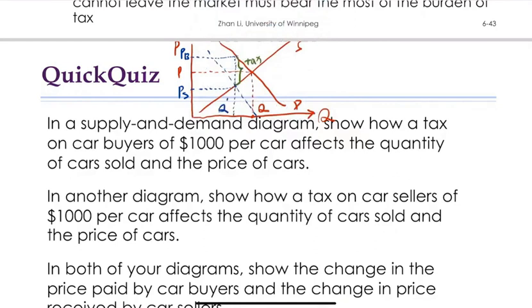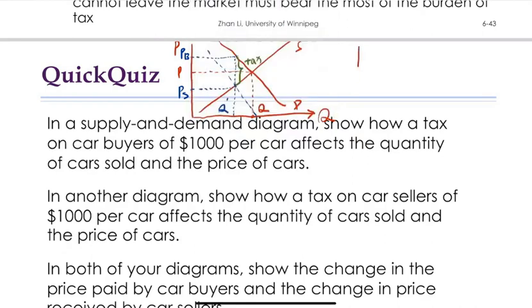So basically, equilibrium quantity decreases, and we could see that the price received by sellers decreases and the price paid by buyers increases. And again, you can see that the tax is shared.